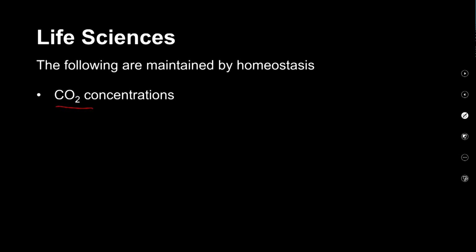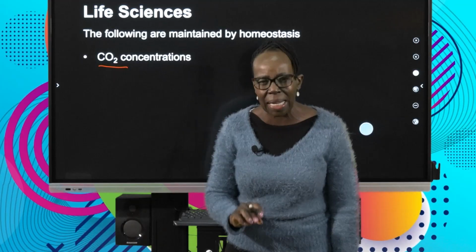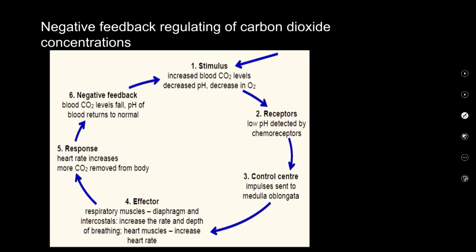Carbon dioxide concentration in our system. How do we maintain it balanced? Feedback mechanism, negative feedback mechanism again on this. We're looking at an increase in carbon dioxide, and the level decreases the pH and decreases oxygen.